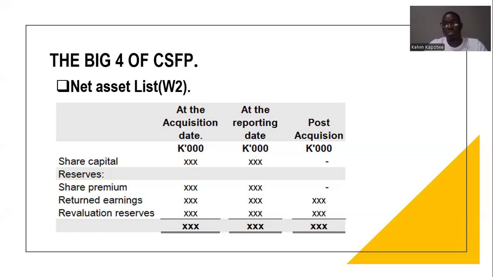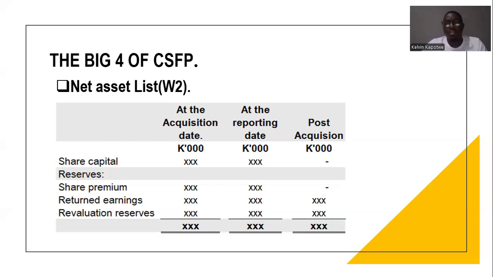So those post-acquisition retained earnings are basically the difference that you are going to have in the post-acquisition column. All right. The same applies to revaluation reserve. So you can have some changes in the revaluations of the assets, either upwards or downwards. So those are recorded at the far end column there.